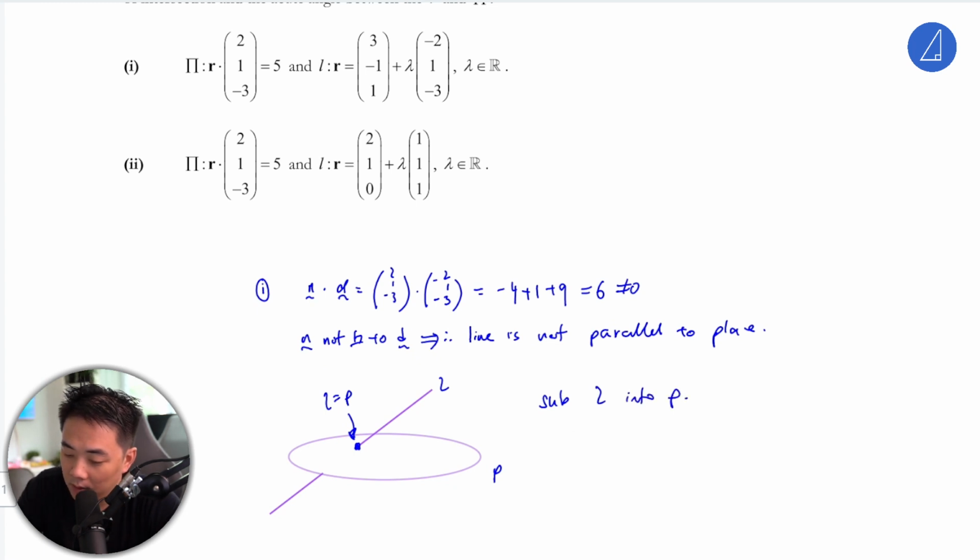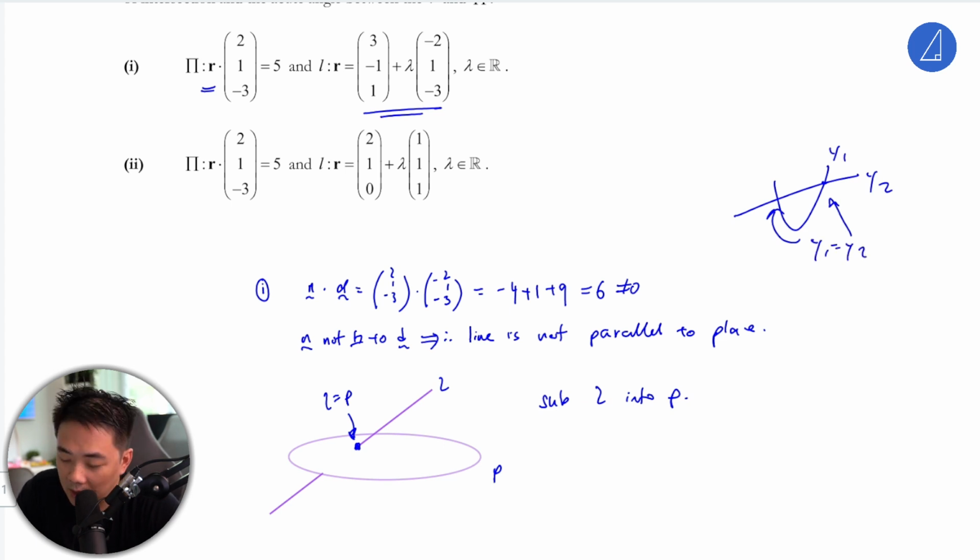That's all. For example, in secondary school, when you say y1 equals y2, you want to solve for the intersection point. Similarly, if there's a plane and a line, you just equate them. It's the same concept. You just want to satisfy both equations.